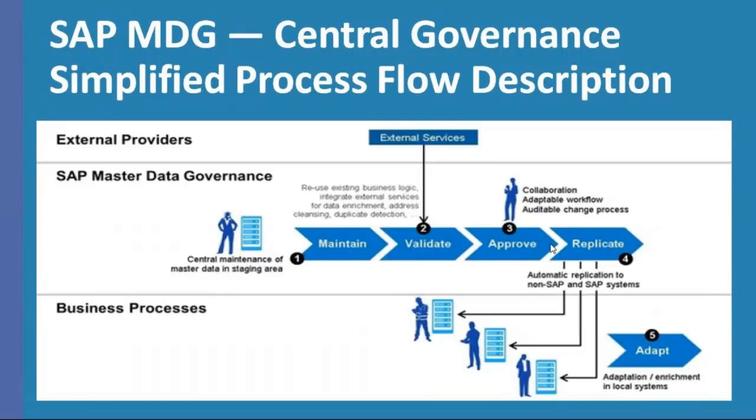SAP MDG Central Governance simplified process flow description. As I mentioned, let's say I'm a requester. Being a requester, if I submit one request, that request will go to the next three to four people to get approval.